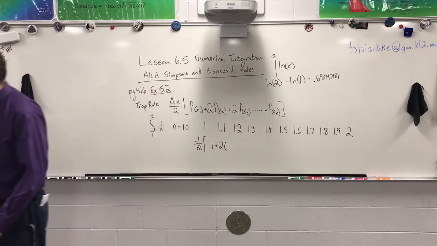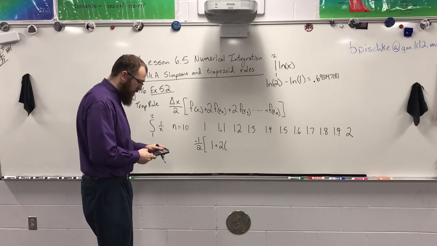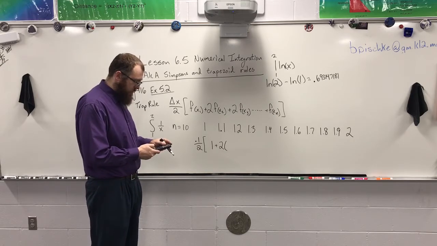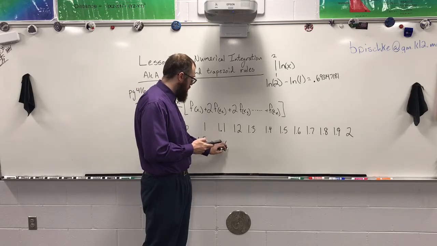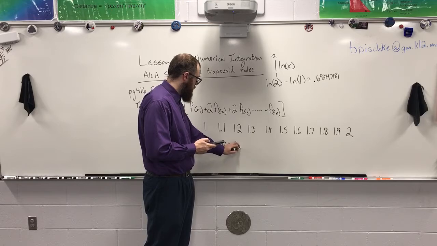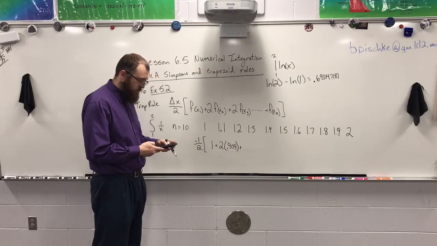Now we're going to put 1.1 in the formula. So we're going to do 1 divided by 1.1, and then we're going to times that by 2, and that's 0.909. Now I'm going to put 1.2 in. 1 divided by 1.2.